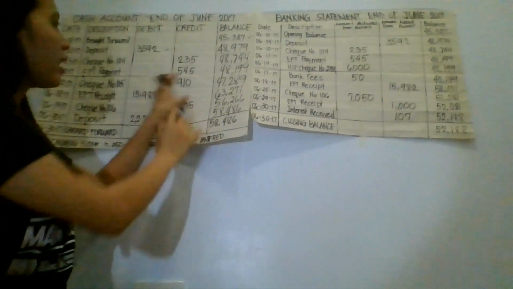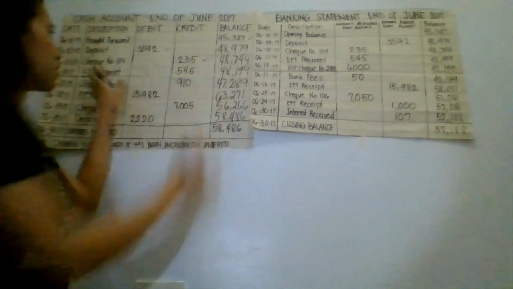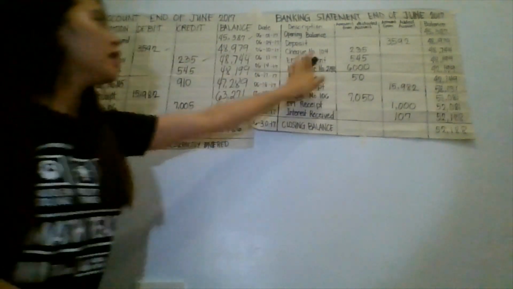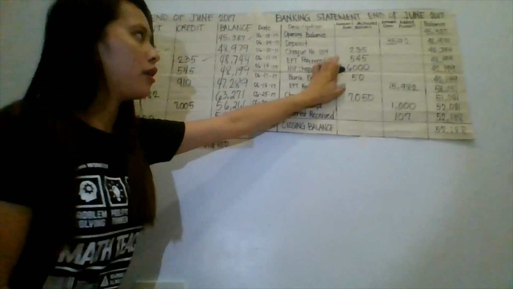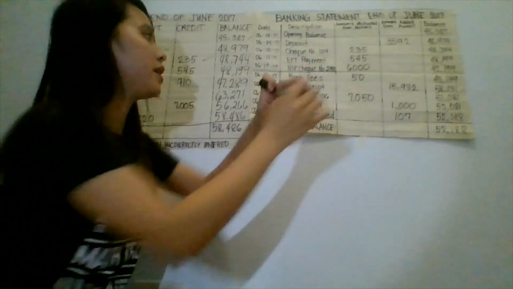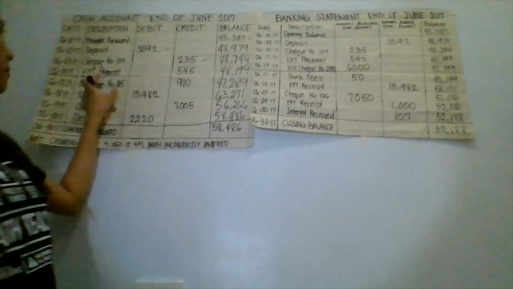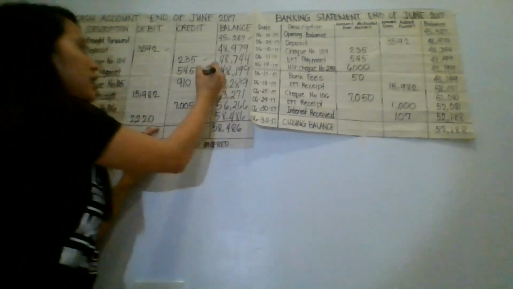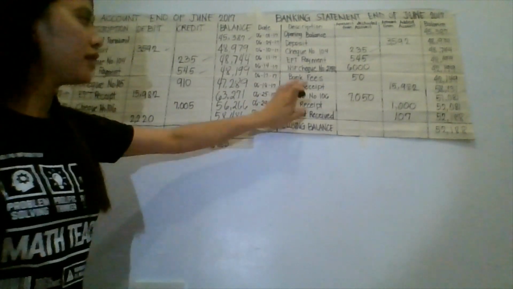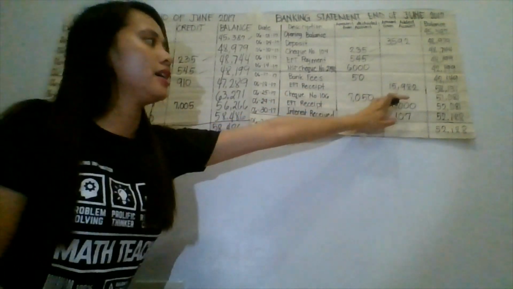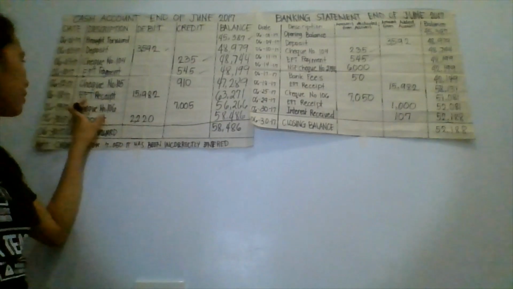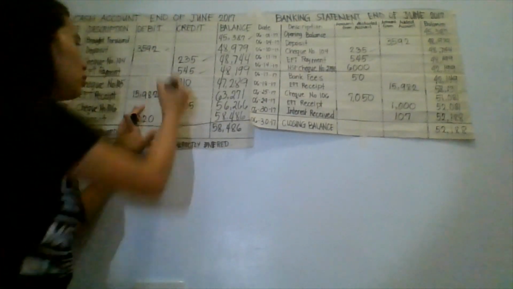And now we have the 235 pesos check number 134. Check number 104, the 2,235 pesos check, matches as well. The 545 EFT payment matches as well. Lastly, we have the EFT receipt of 15,982, which is correct. Check that matching transaction.